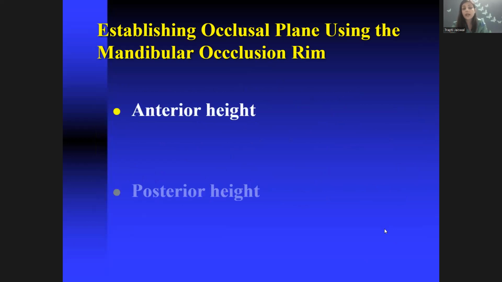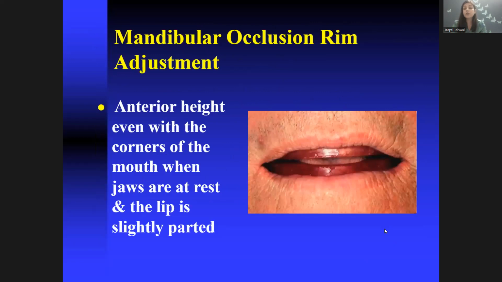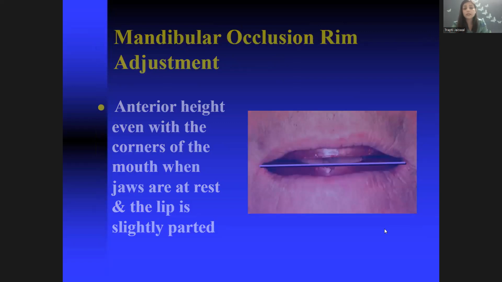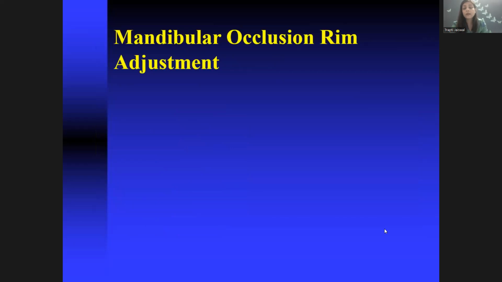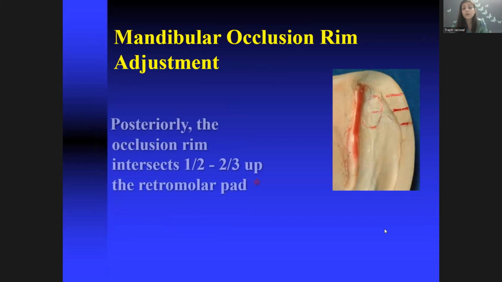So first the anterior height and the posterior height. Anterior height should be at the level of the corner of the mouth. When the jaws are at rest and the lips are slightly parted, it should just be at the level of the corner of the mouth, not above or below. And for the mandibular occlusal rim posteriorly, the occlusal rim should intersect half to 2/3 of the retromolar pad.